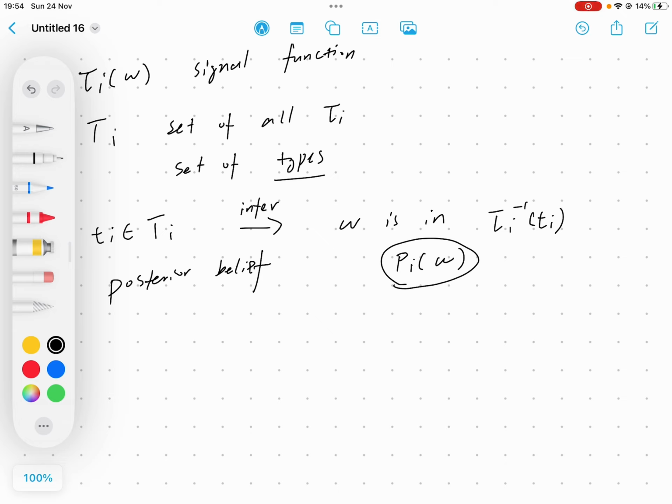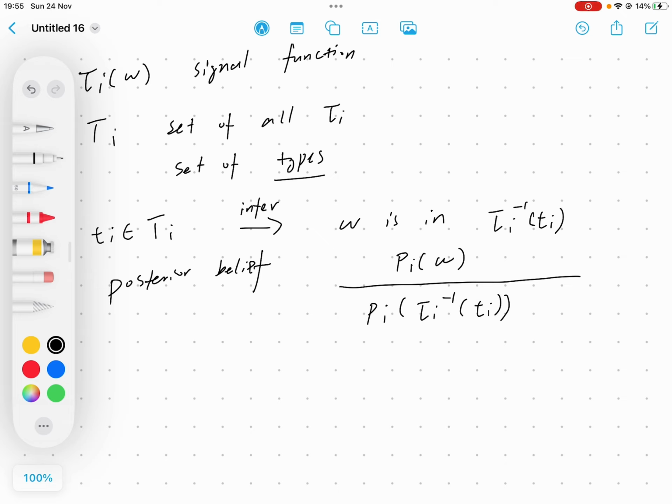So this is a joint probability. The denominator would be the unconditional probability of sending the signal, the pi of tau i inverse ti.